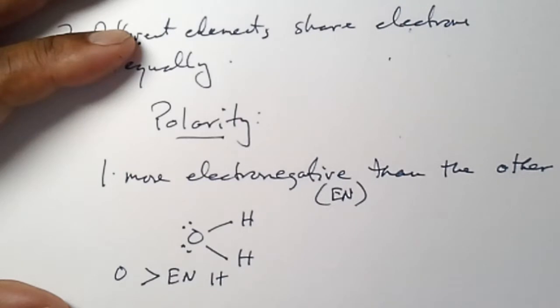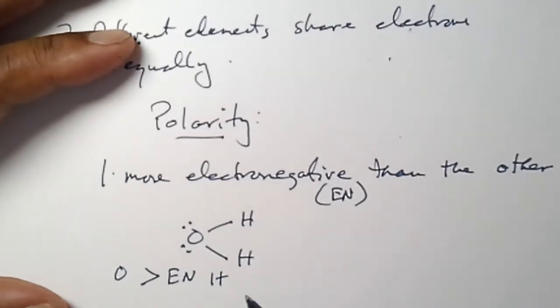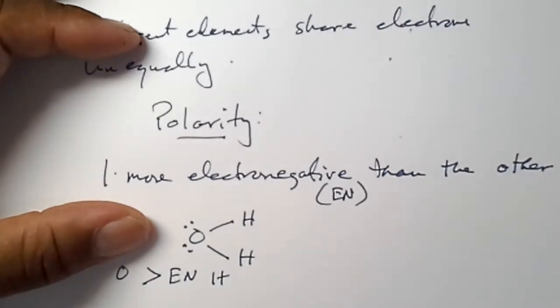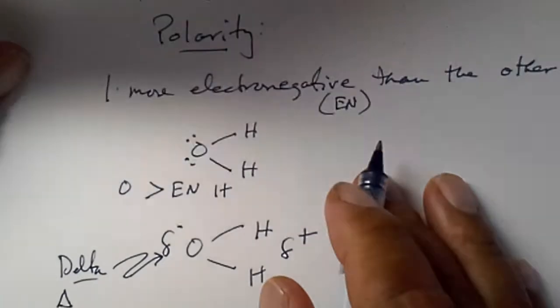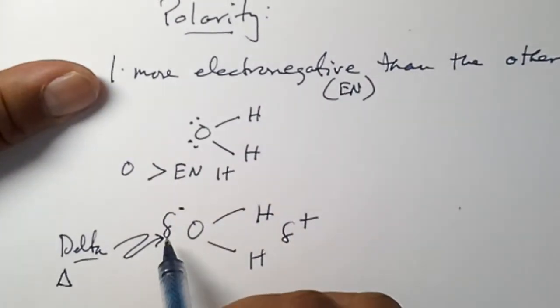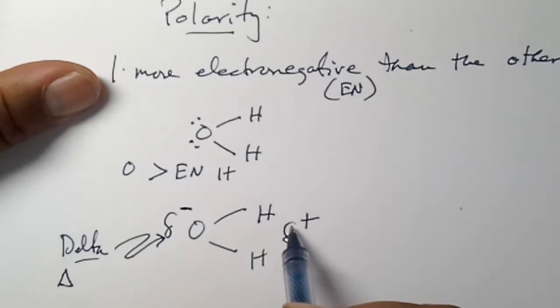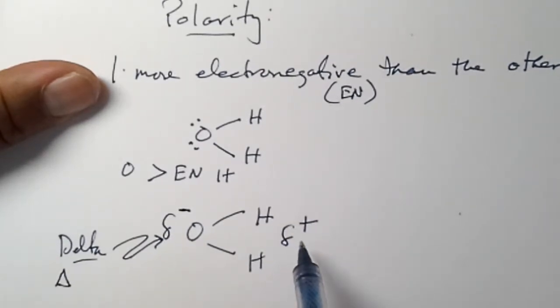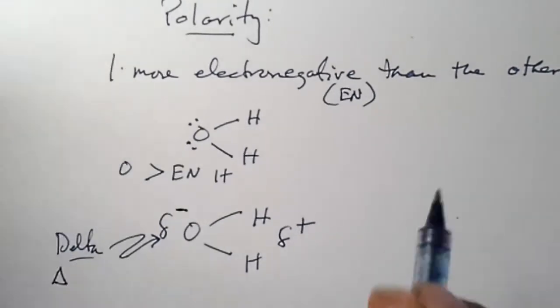This is a delta symbol, lowercase delta. Uppercase delta is like this. Sorry. So the lowercase delta is what we refer to as partial negative charge. Uppercase delta gives us the symbol for a partial positive charge on this side of water.